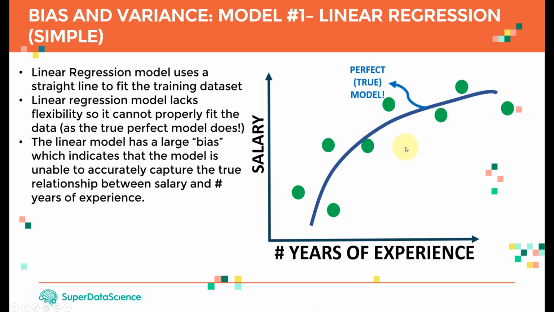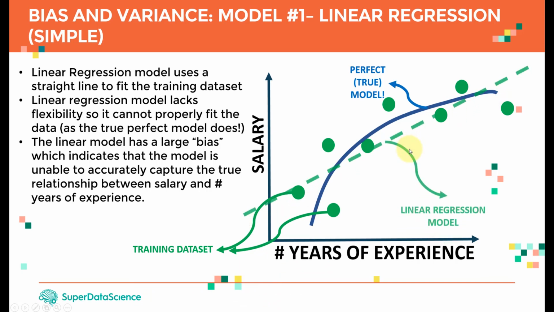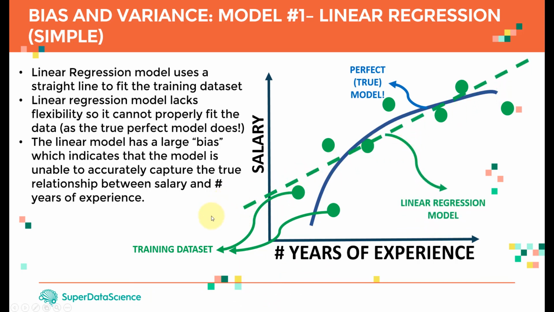And we have our perfect model, and here we have our training data set. Okay, looks great. And if we fit a straight line or a linear regression model here, you can see that this line is okay. It provides an okay accuracy or an okay fit.